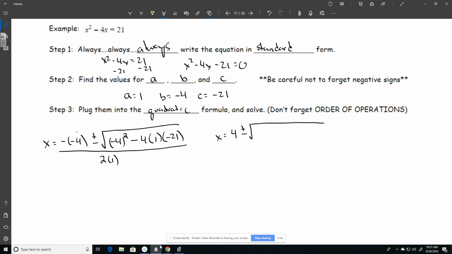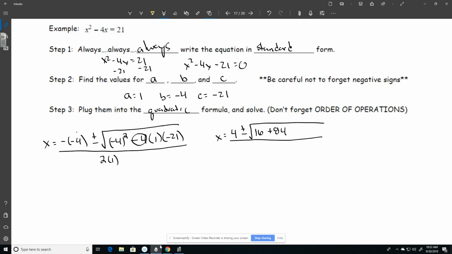Negative 4 squared is negative 4 times negative 4, so 16. Then I have these three numbers that are being multiplied: negative 4, 1, and negative 21. So I put that in my calculator or I do it in my head. Negative 4 times 1 is negative 4. Negative 4 times negative 21 is a positive 84.